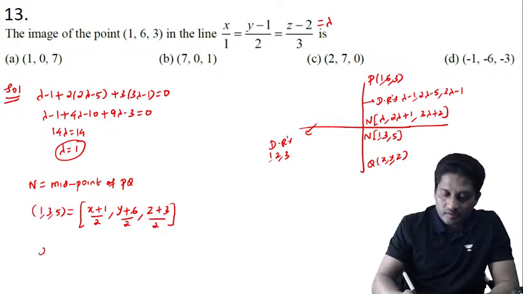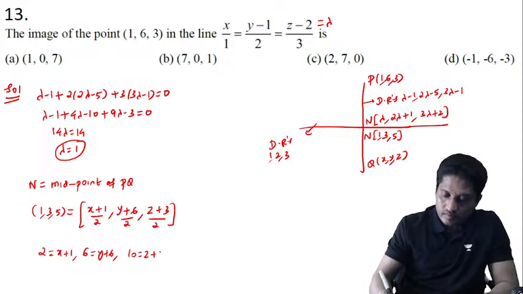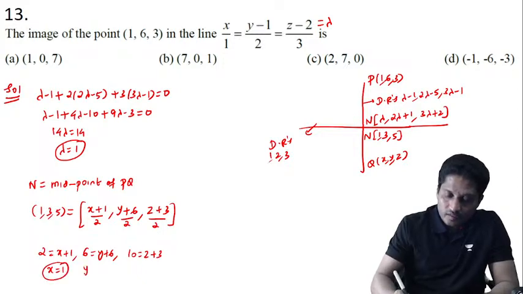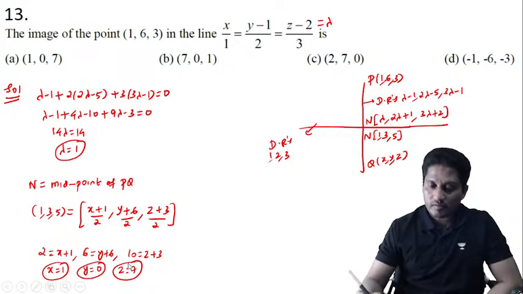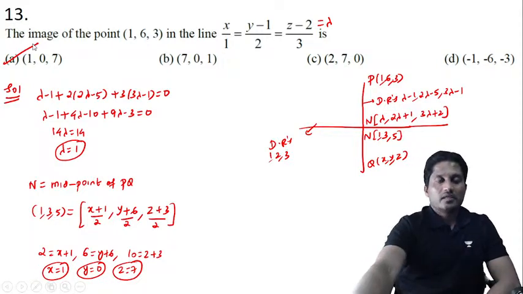If I cross multiply, you get 2 is equal to x plus 1, 6 is equal to y plus 6, and 10 is equal to z plus 4. Okay, so x is equal to 1, y is equal to 0, and z is equal to 7. This is 1 comma 0 comma 7. Answer is option A. Understand, guys?